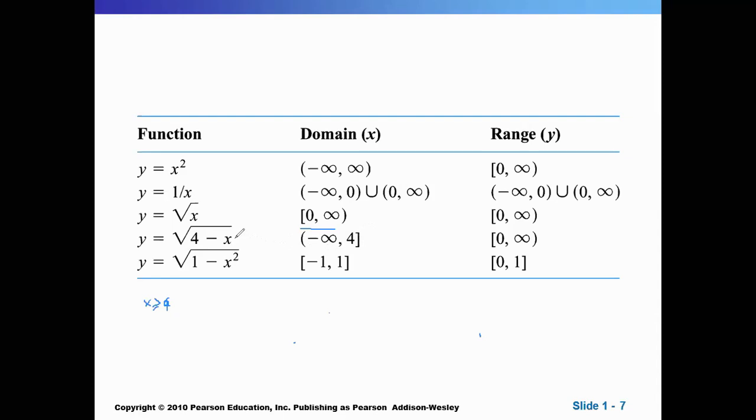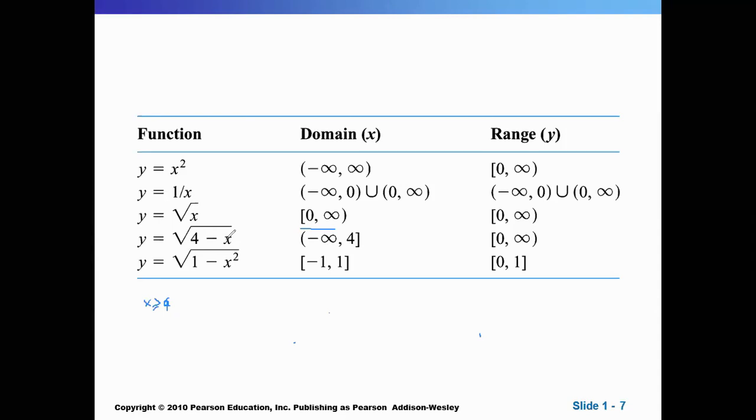Now, we cannot go to 5, so we cannot go increasing from 4, right? The only way we can go is what? Decreasing from 4, right? So if I put 3 here, the square root will be equal to what? Equals 1. If I put 2, it equals square root of 2, right? If I put 1, square root of 3.